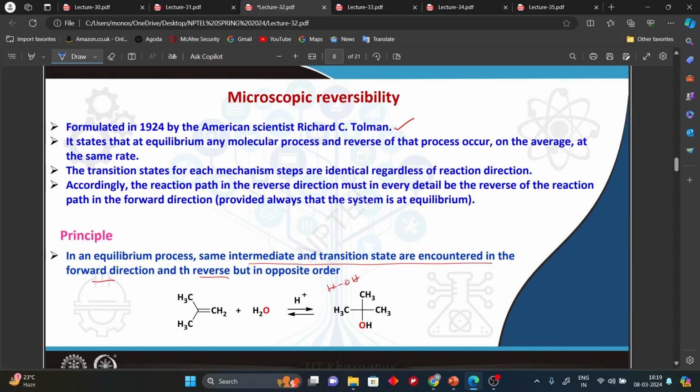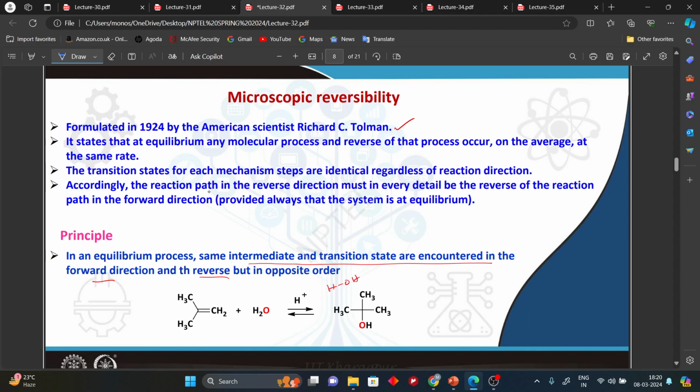So the molecular process and the reverse process are simultaneously happening. That is the thing, and the transition state for each mechanism is identical regardless of the reaction direction.